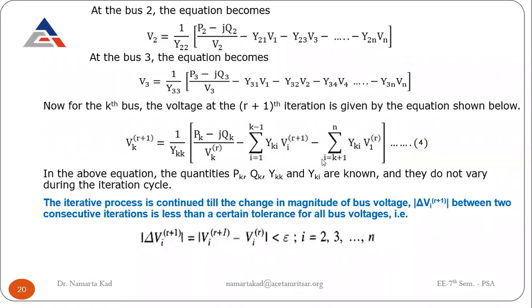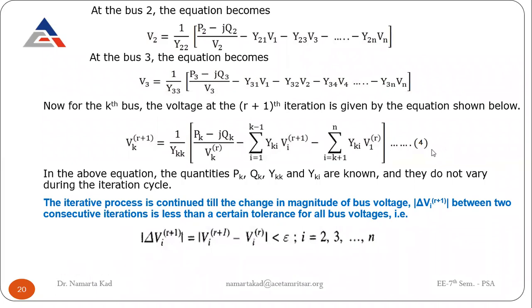Minus summation of i from k+1 to n, because this kth bus is in between the n buses, Yki Vi of the previous iteration r. So this is the procedure that you must remember while solving by the Gauss-Seidel method. This is the equation that we are going to apply in our numericals also.